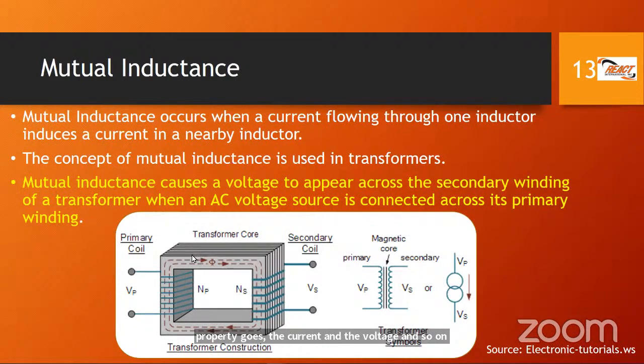And we'll see how we can change the voltage from one value to another using that property of mutual inductance and employing transformers. You probably have already seen what a transformer is, but we'll get into a little bit of the mechanics of how it works, as well as do some calculations. And on the right-hand side here, we see the symbol for a transformer.